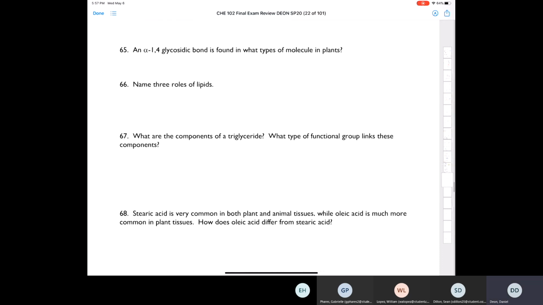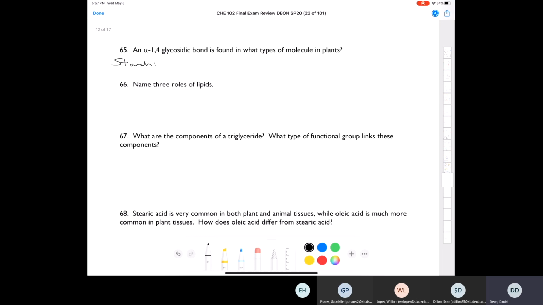I'll let you read the next question while I flip over my sheet here. It says, an alpha-1,4 glycosidic bond is found in what types of molecule? What types of molecule in plants? And the answer to that is starch.